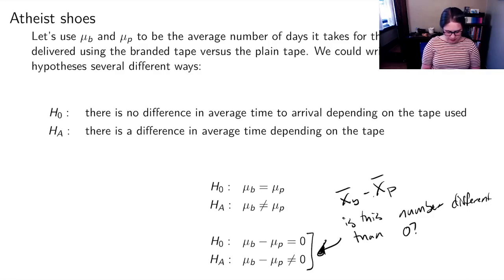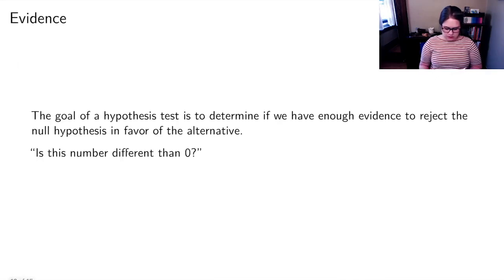So that's what these hypotheses allow us to ask. The goal of the hypothesis test is to gather evidence, and then we're going to determine if we have enough evidence to reject the null hypothesis in favor of the alternative. And we're asking that big question, is this number different from 0?